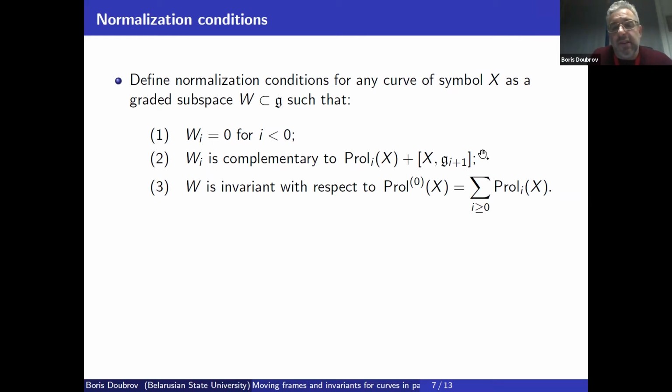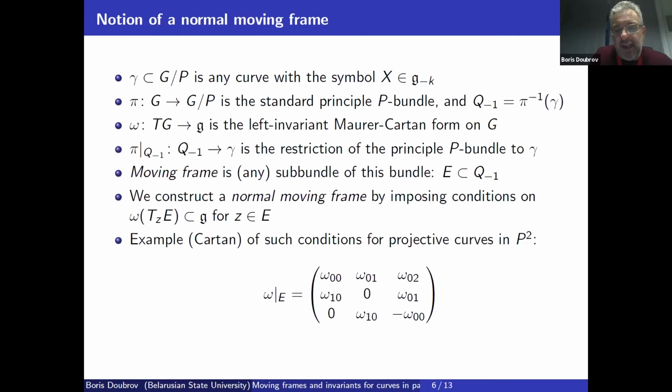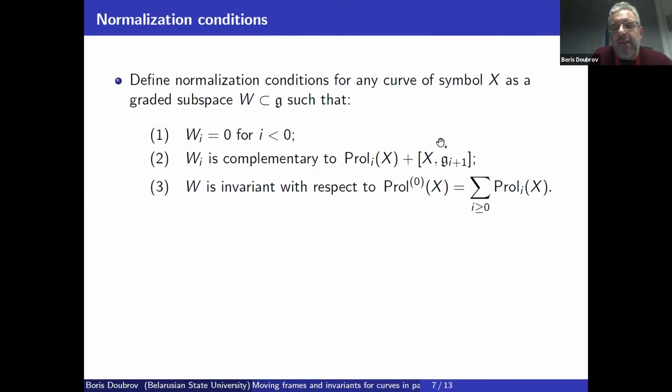So this is a subspace which I'm able to absorb in some way. And I keep the prolongation inside the frame in my normalization conditions, as I'm doing in case of SL3 curves in P2. So I keep the subspace that corresponds to the prolongation untouched. Plus, I'm able to normalize, or absorb, all parts that belong to the image of ad x. The rest is the normalization choice. This is what will be left.